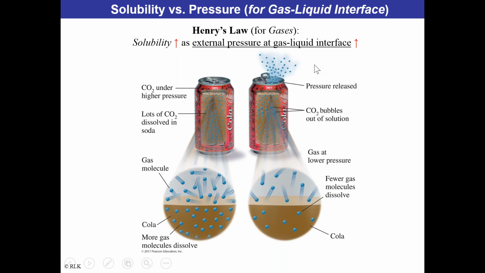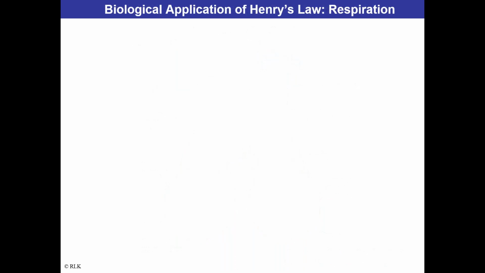At the gas-liquid interface inside that can, the pressure is pretty high, so the solubility is going to be high, right? You open up the can, you remove that external pressure. It removes the pressurizing atmosphere, and you get loss of your solute, which was carbon dioxide.